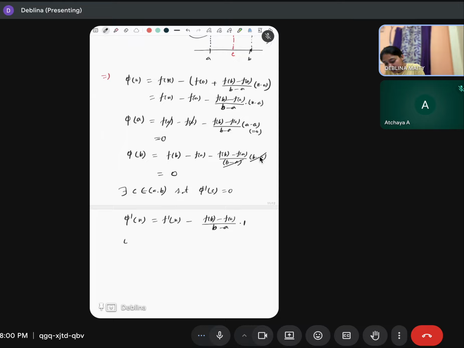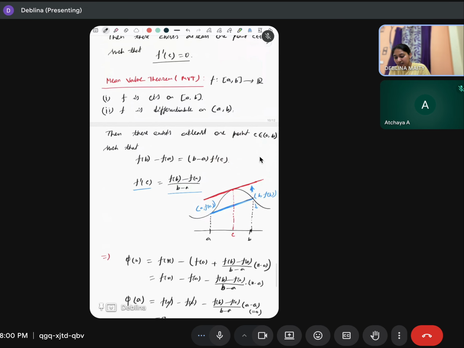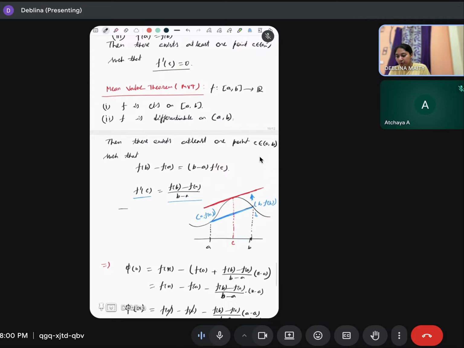So phi dash c equals f dash c minus that, and this is 0, which implies f dash c into (b minus a) equals f b minus f a. So this is our desired equation. We have proved the mean value theorem using Rolle's theorem.